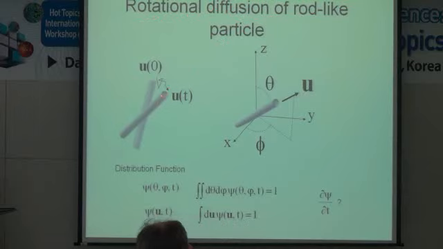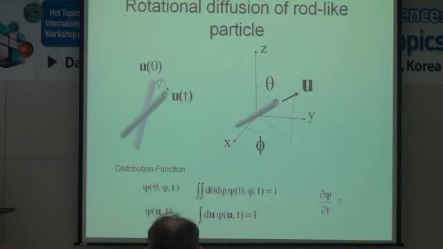The vector u parallel to the rod is not constant, it changes in time. And the orientation can be described by an angular coordinate theta and phi, or by some unit vector u.